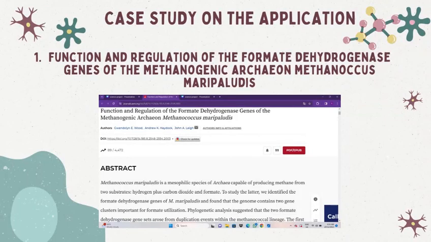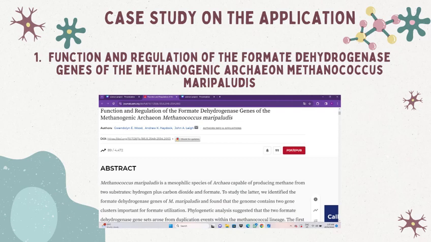Then we go to the next slide, which is a case study on the application. In this section, we have four journals, which are online journals. Case study number 1 is about the function and regulation of the formate dehydrogenase genes of the methanogenic archaeon Methanococcus maripaludis.